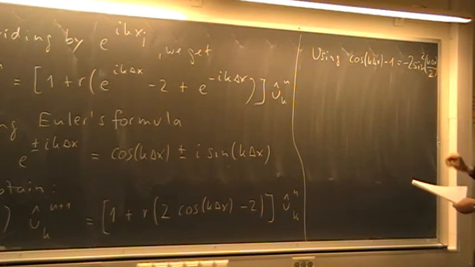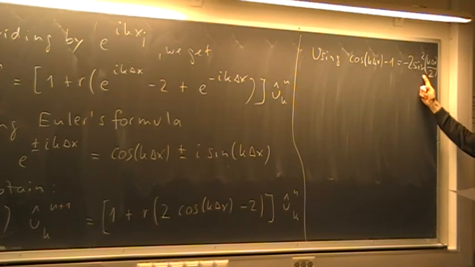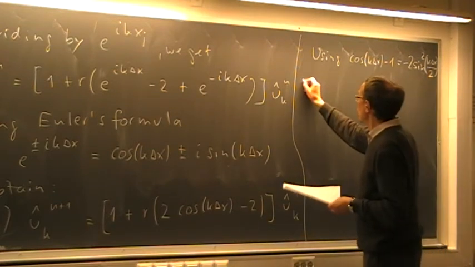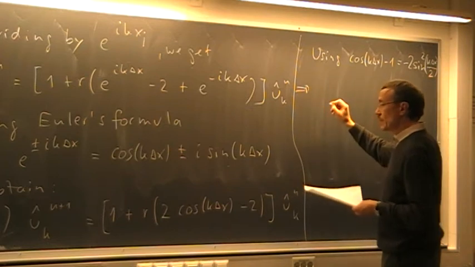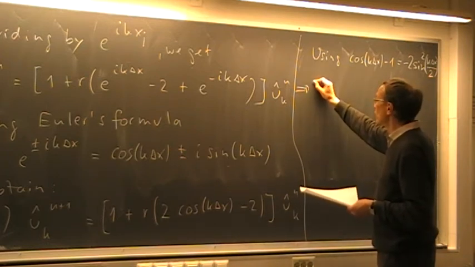So that is a trigonometric identity. Here this should be negative, since the cosine is only between 1 and minus 1, and it turns out it is actually minus sine squared of k delta x half. So from that we can express this relation also in the following form.